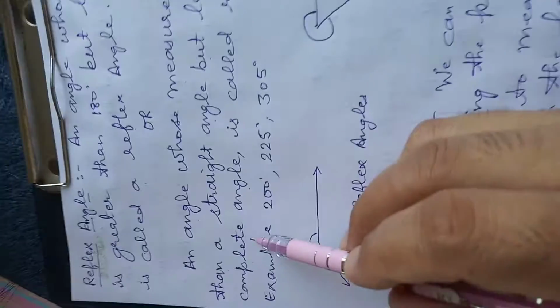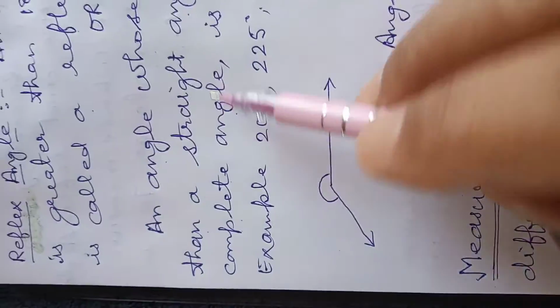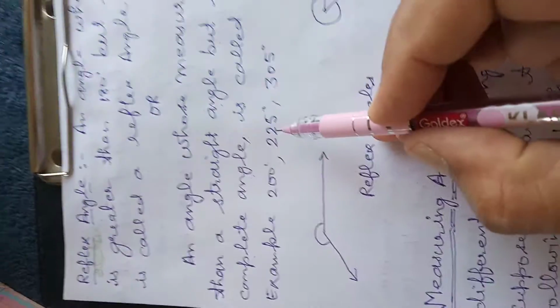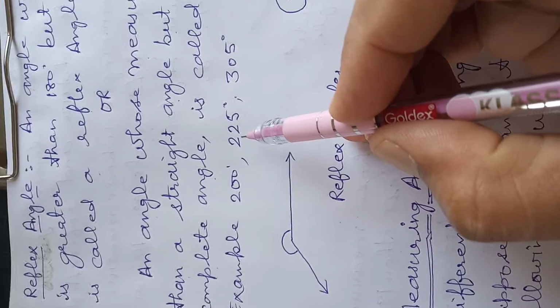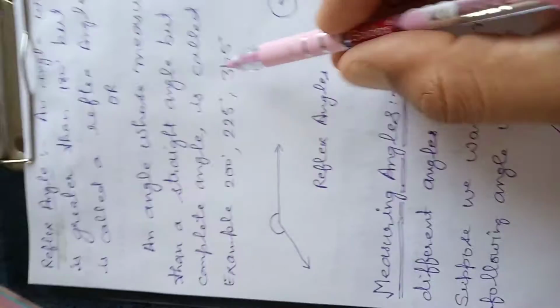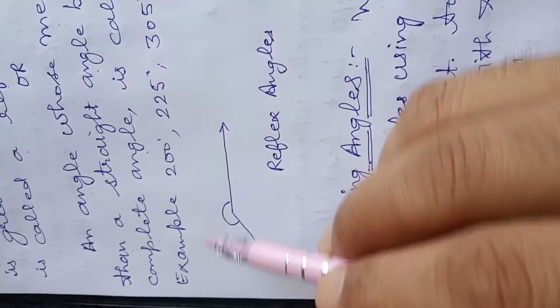Complete angle, you know, is 360 degree and straight angle is 180 degree, means the angle whose measure is greater than 180 but it must be less than 360 degree is called reflex angle.